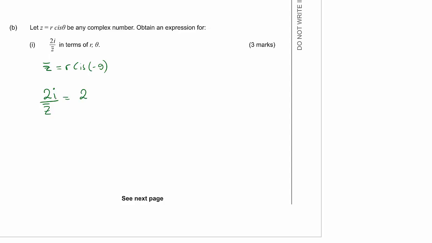Well, i is cis pi by 2, so we have 2 cis pi by 2 divided by r cis negative theta, and so that's 2 over r cis (pi by 2 plus theta), because we subtract the arguments here.